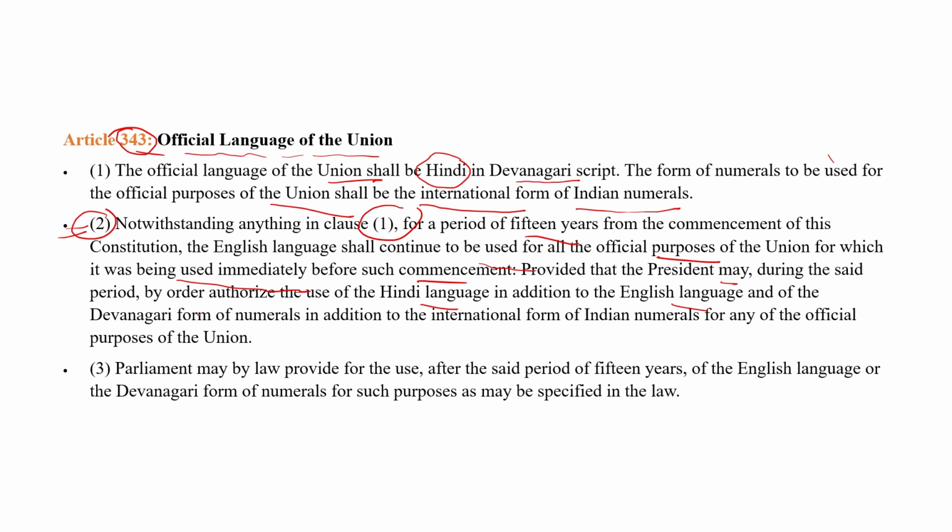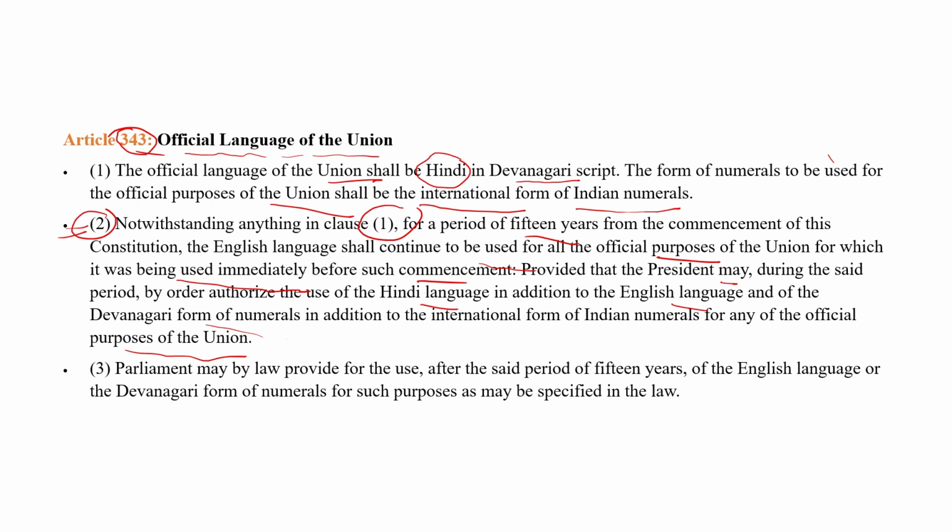And of the Devanagari form of numerals in addition to the international form of Indian numerals for any of the official purpose of the Union. Clear? So Article 343 is very simple.